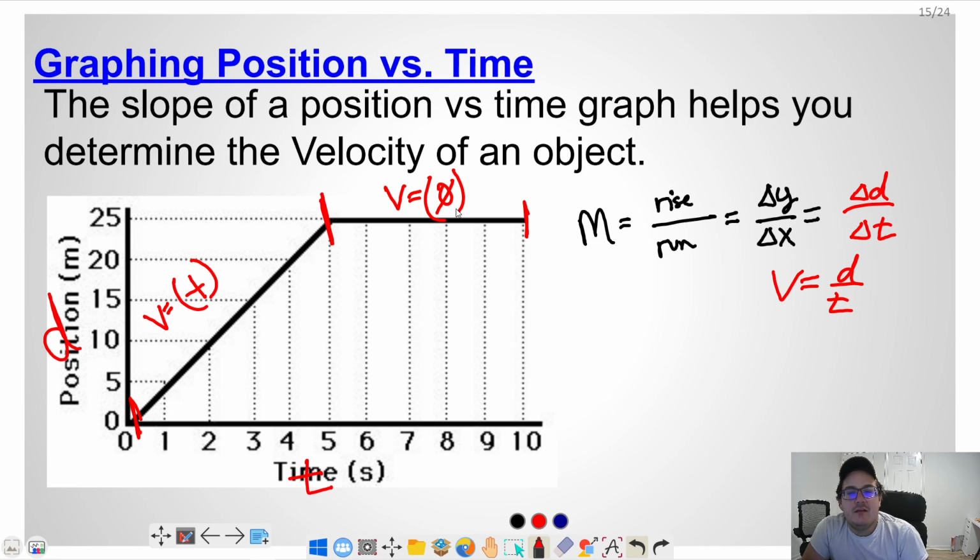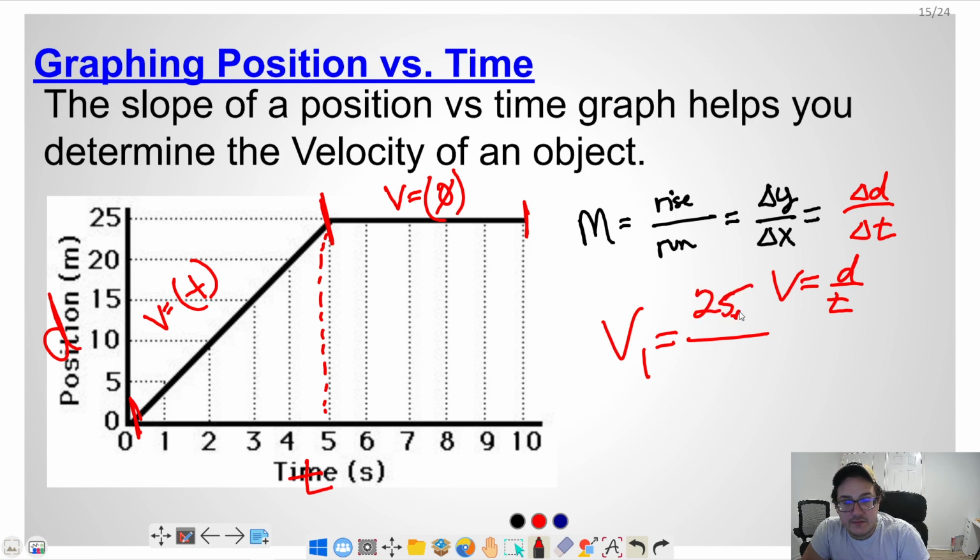So the slope of a distance versus time graph is equal to velocity. Regardless of whether it's up, down, or flat, the slope is equal to velocity. Now we should be able to find this first segment of velocity. Let's look at our rise: how far up did I go?